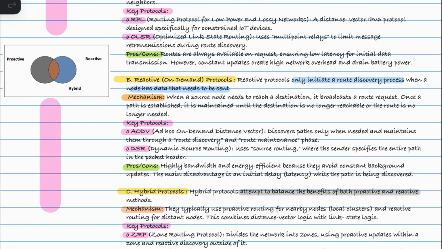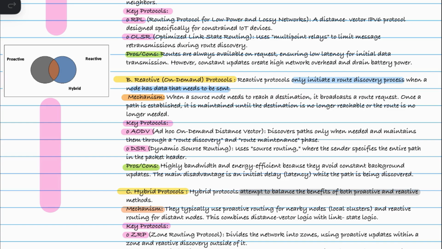Then comes the third type of approach, which is more of a balanced approach called hybrid protocols. As you can probably guess, this attempts to combine the immediate readiness of proactive protocols with the low background overhead of reactive protocols. So it is somewhat in the middle of both. What happens in this?